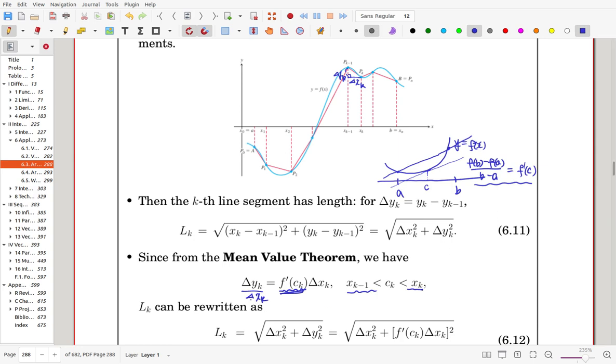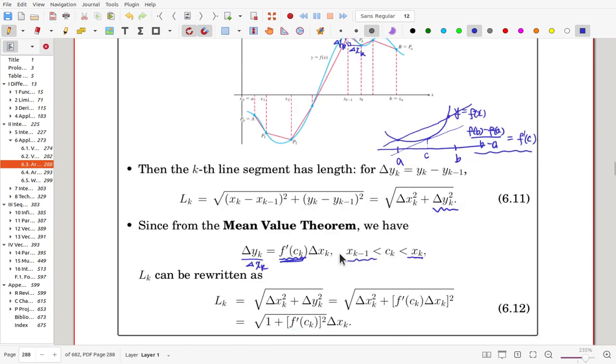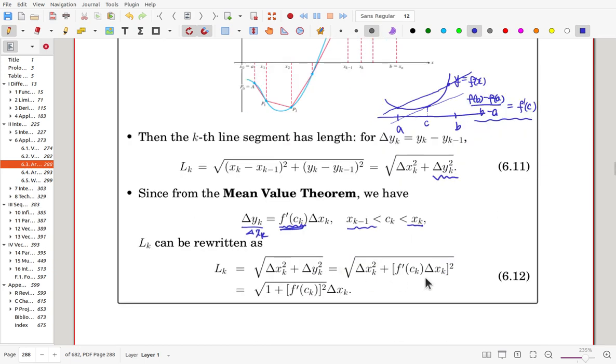Now we multiply by delta xk on the other side. Then we replace delta yk with that term, and delta xk can go out of the radical. So we reach that one. Now that is the length of the line segment on the kth subinterval.